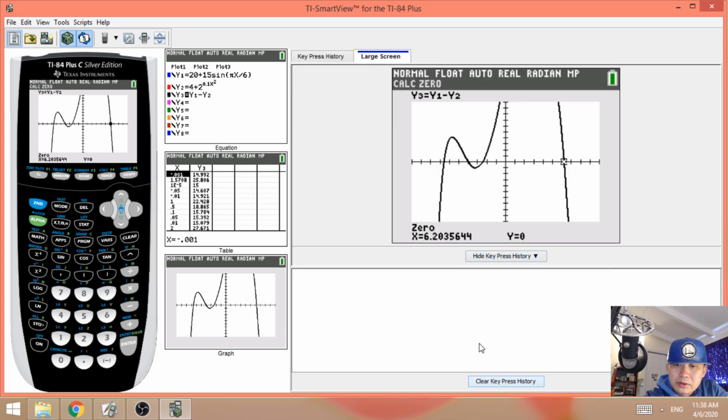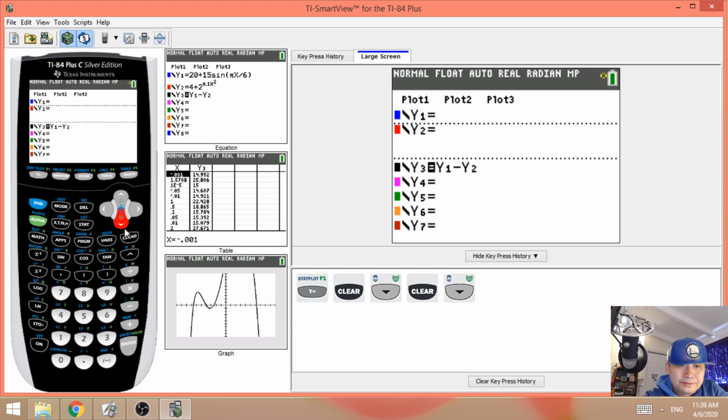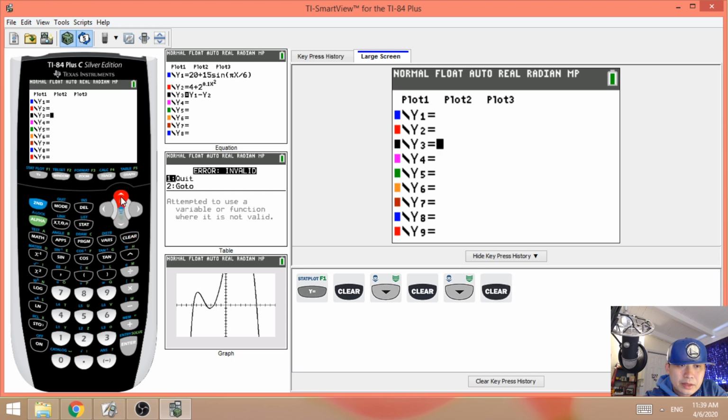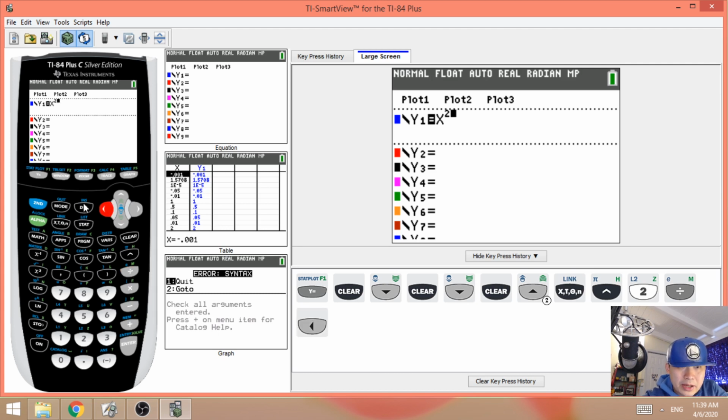You can just follow through what I'm showing here, the key history. So y equals, let me just clear all this. So for y1, it's x squared divided by, well, I need to bring down the power back.